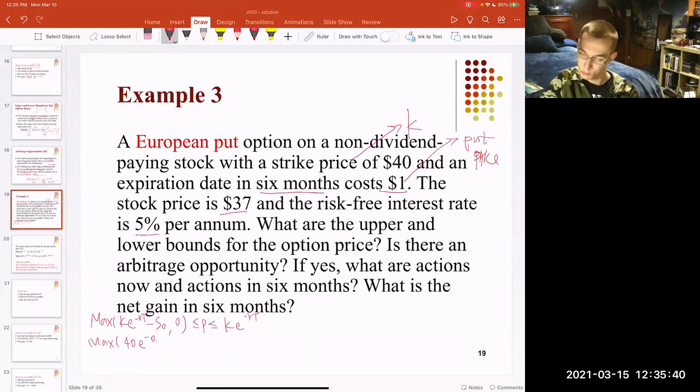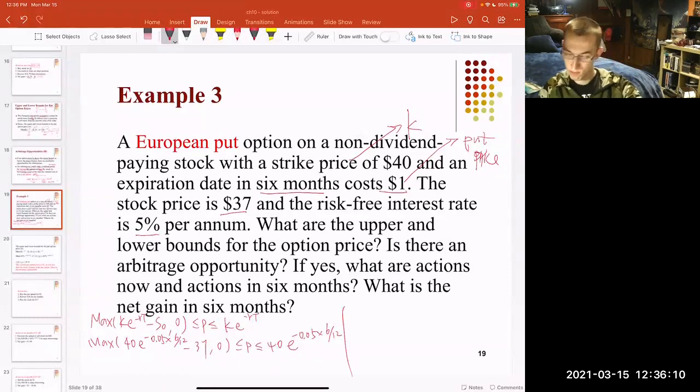Interest rate 5%, 6 months, so 6/12. Minus the stock price, 37, compared to 0. And the upper bound is 40 discounted, which is the first component when you calculate the lower bound, right? Can you do the calculation? Tell me what the upper bound and lower bound are.